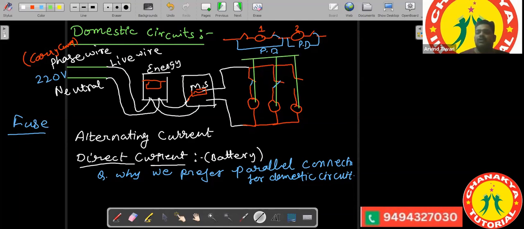The earth wire also acts as a safety device, which is used to earth or ground the leakage currents. We will discuss the fuse wire and earth wire in the next class.